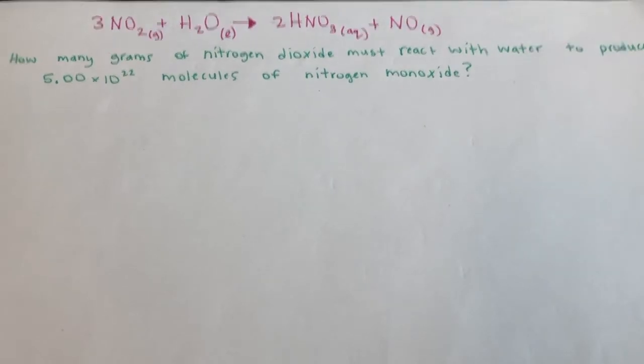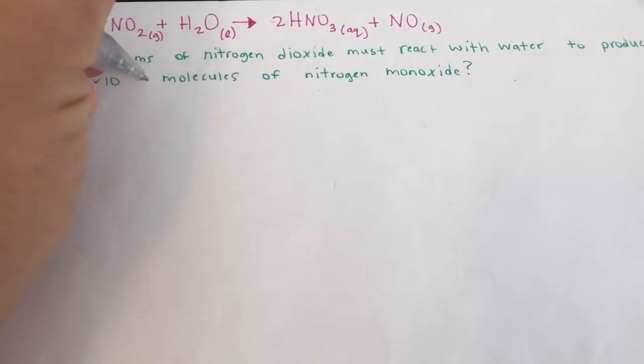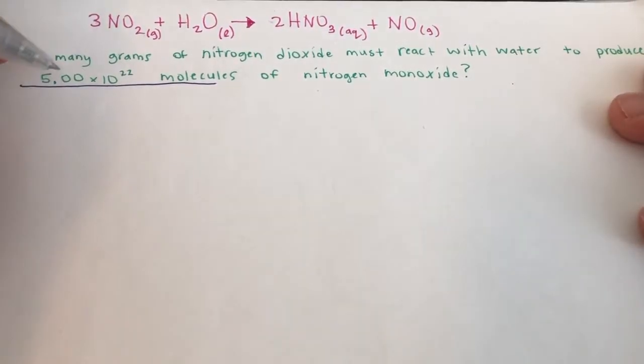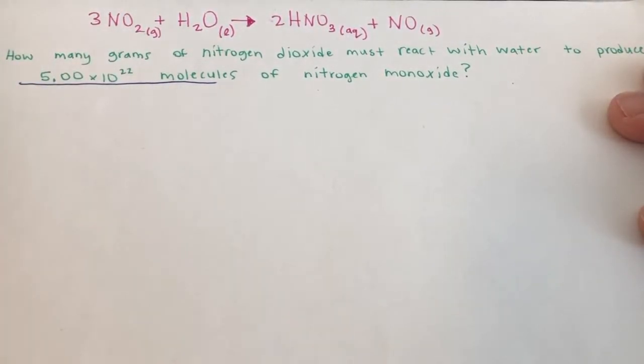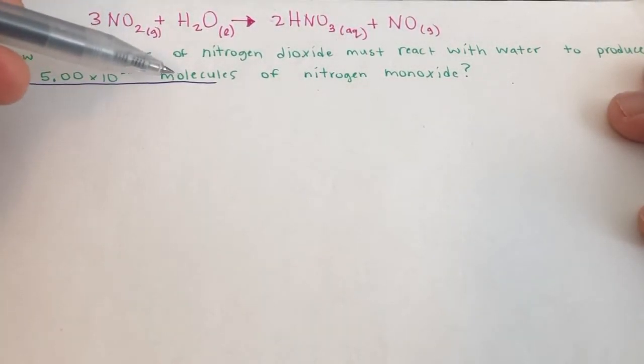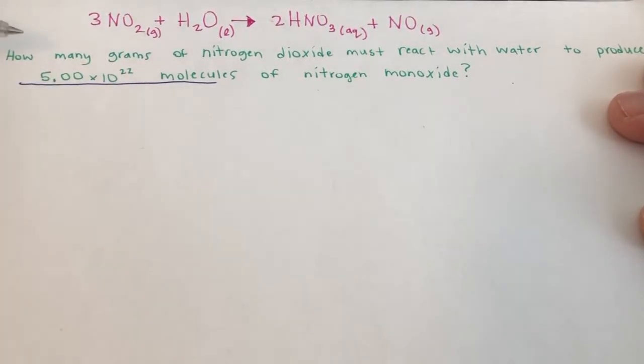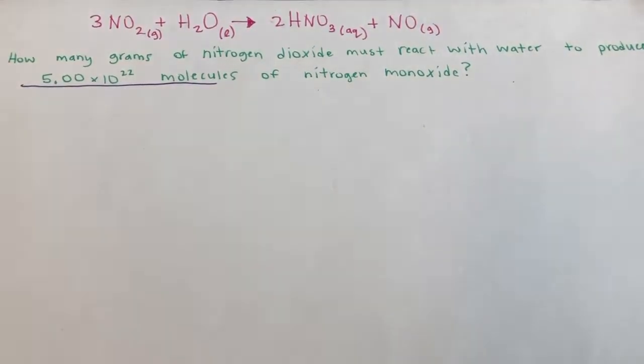Okay, so I always say start with basically anything in the problem that you know. So you know you have 5 times 10 to the 22nd molecules of nitrogen monoxide. And our goal is to get grams of nitrogen dioxide.